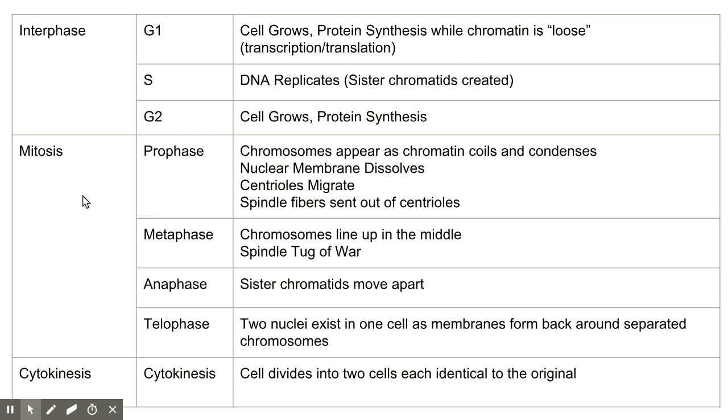Prophase, CNCS: the chromosomes appear, the nuclear membrane goes away, the centrioles migrate, and the spindle fibers are sent out. Metaphase is middle, so the chromosomes are lining up in the middle. Anaphase, they're pulled apart. Telophase, we get two nuclei existing in one cell as they form back around the chromosomes. Then cytokinesis, we split the cell.